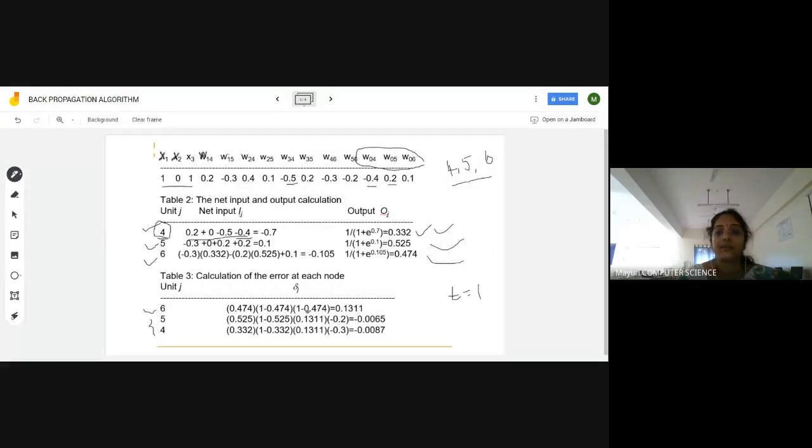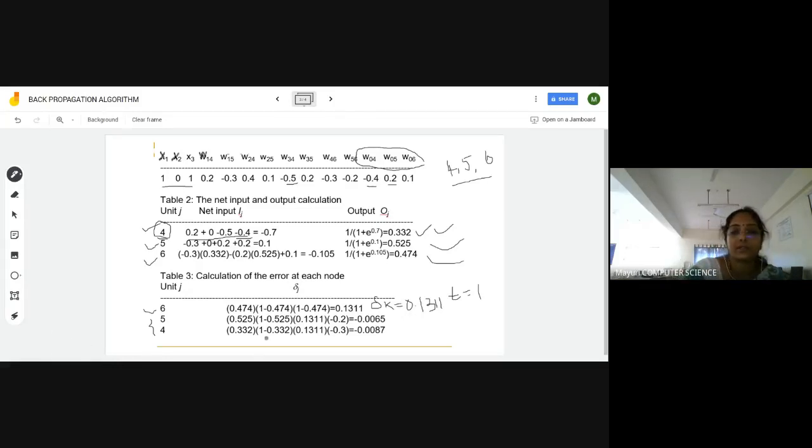So if I do that, this is my del k value, which is nothing but del 6. Del 6 is equal to 0.1311. Remember this, it will be useful for you.